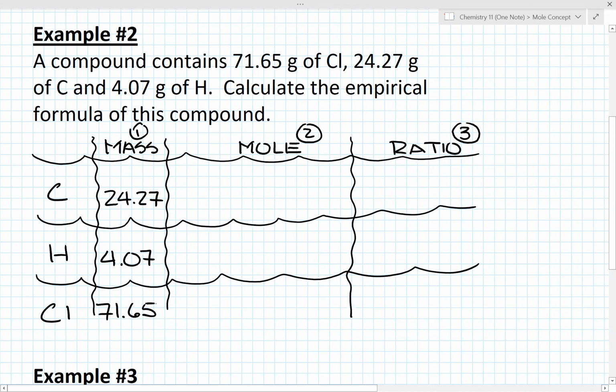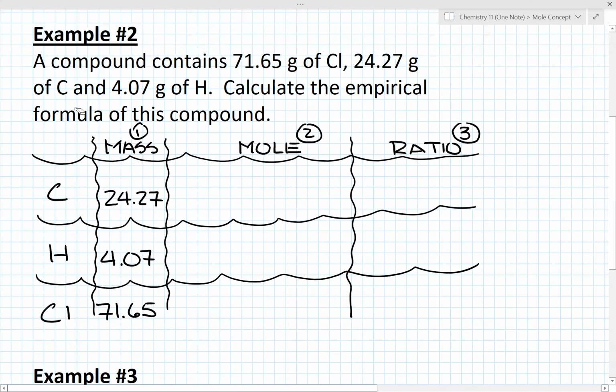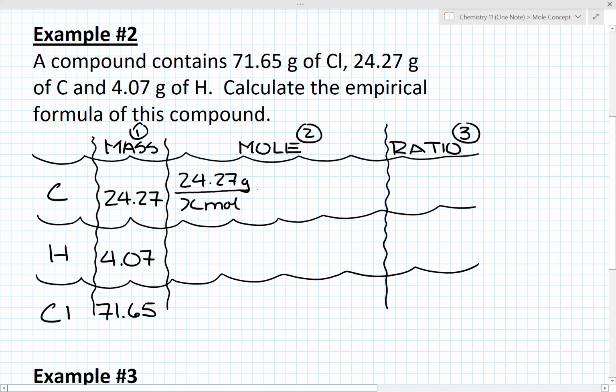Now, what you want to do is find the number of moles first. It doesn't matter which method you use to find moles. Some of you might go 24.27 grams all over X mole is equal to 12.0 grams over 1 mole. You can do that.